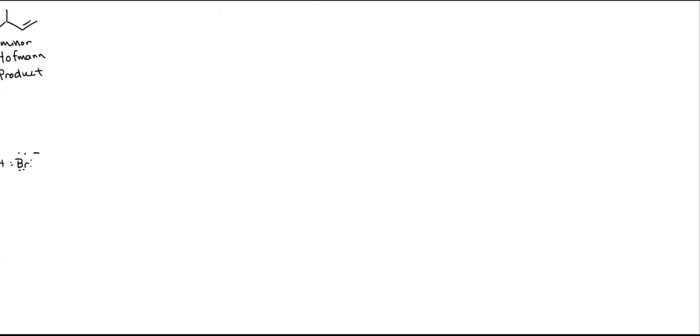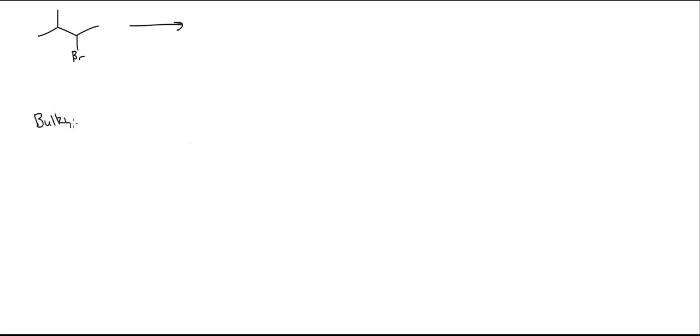So go over here. So let's say I wanted to get the Hofmann product as the major product. So there's a way that we can do that. So I'm going to use the very same thing. Use this again, same alkyl bromide. And instead, I'm going to use a different base. So we're going to use something called a bulky base.